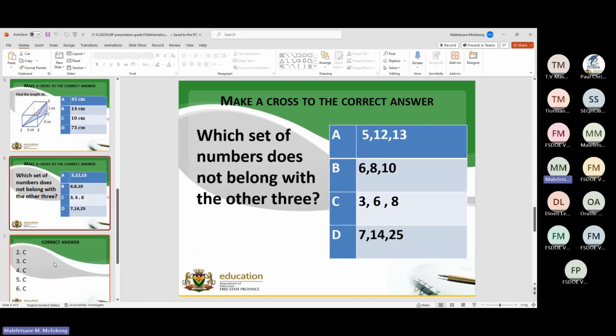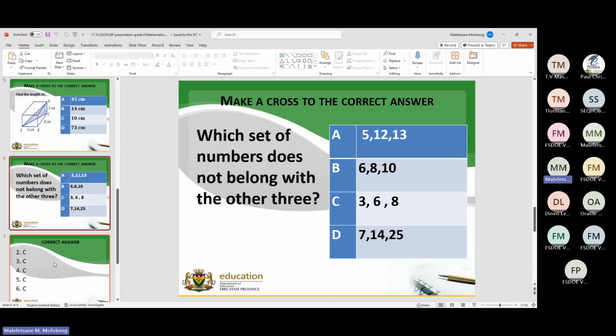The last question for today. In this question, we have to choose, among the sets of numbers, the one which does not belong with the other three. Meaning, the numbers shown here should be Pythagorean triples.